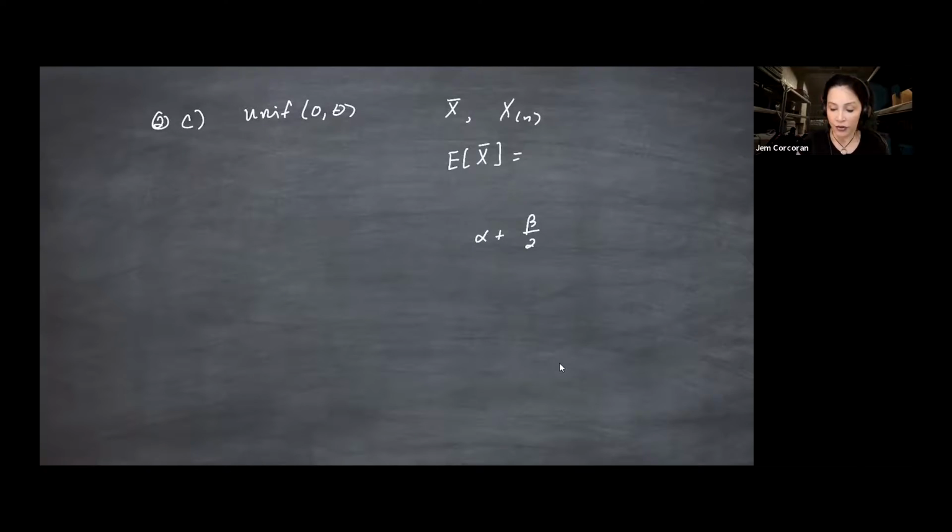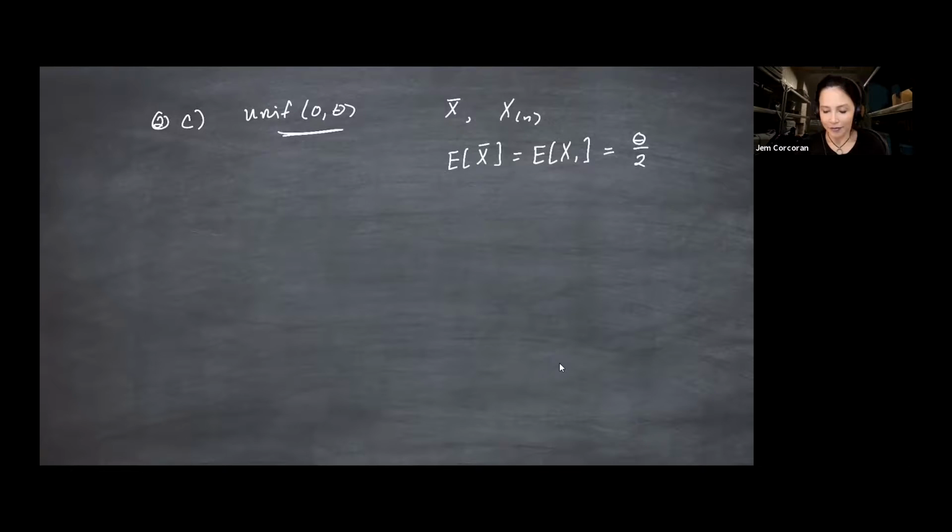The expected value of x bar is always the same as the expected value of any one of them, and for this uniform distribution, that is theta over 2. So you can very easily turn that into theta by multiplying x bar by 2. That's your answer to part A.